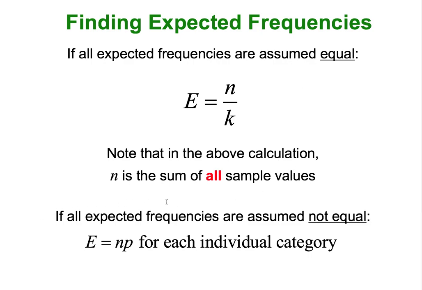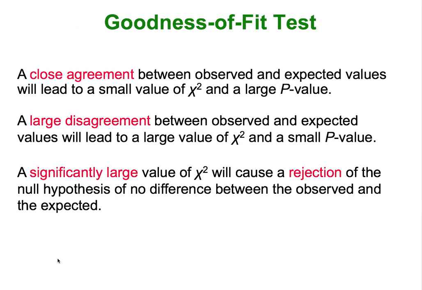What we're going to use is the formula down here, because all of our expected frequencies are assumed not equal. A close agreement between the observed and expected leads to a small value of the chi-square, and a large disagreement leads to a large value of the chi-square. And a large enough value of the chi-square causes a rejection of the null hypothesis.